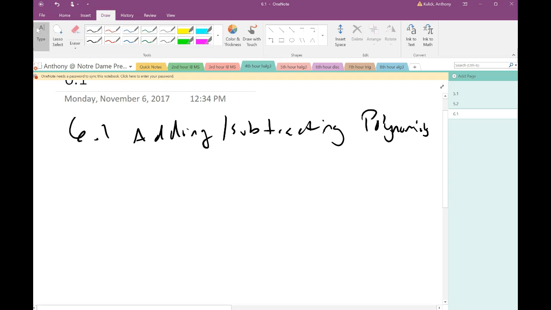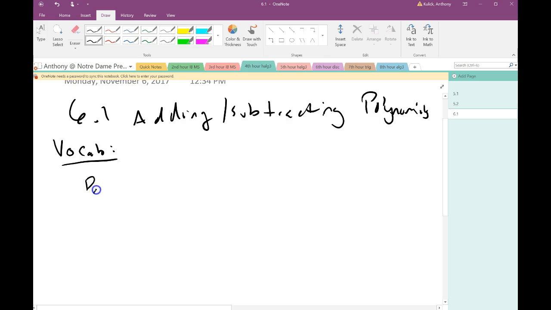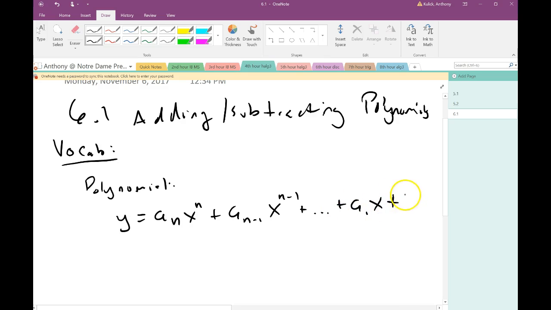Before we get started with how to add and subtract polynomials, I want to review a little bit of vocab. Remember, we have defined a polynomial as something that can be written in the form a sub n x to the n, plus a sub n minus 1 x to the n minus 1, down to a sub 0.